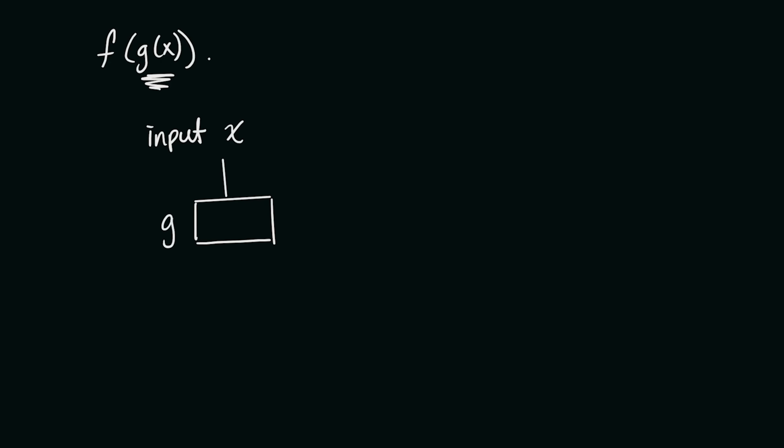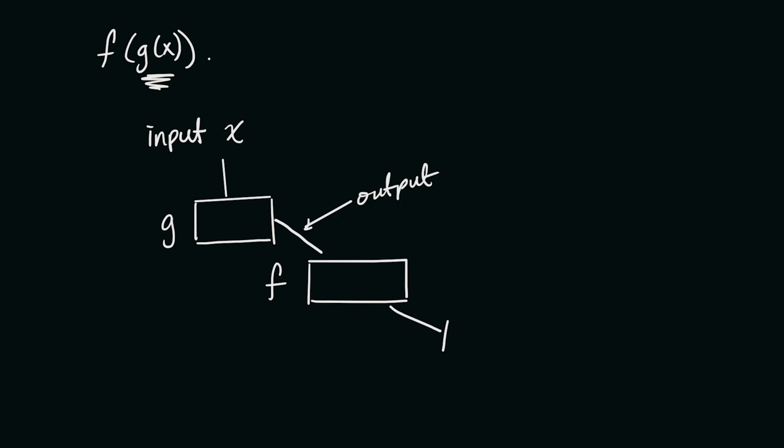So we label this box g. Now we go downwards to another box, which is the outer function, so that's f. Over here is our output, and last but not least, we move all the way down to where our final answer is.